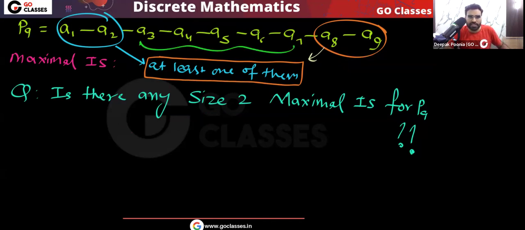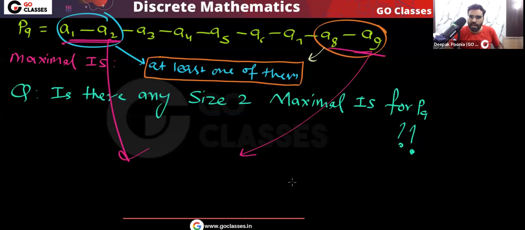Now what about the remaining vertices? From the remaining vertices, at least one vertex I need to take, because if I don't take any of them, then I will not get a maximal independent set, because I can add A5. I will get an independent set, but not a maximal one, because I can add this new item.